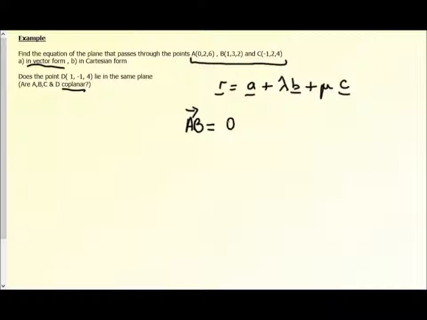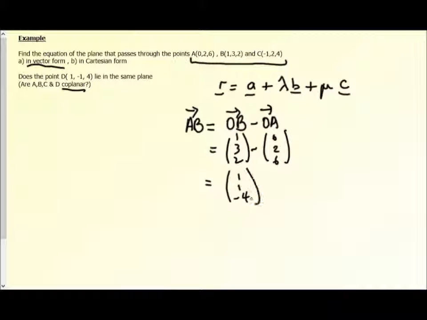So we can do that by working out OB and subtracting OA. So OB is the position vector of B, OA is the position vector of A. So that gives us a vector 1, 1, minus 4. So AB is a vector that's in the plane ABC. That's one of the directions that we could use there, for example b.